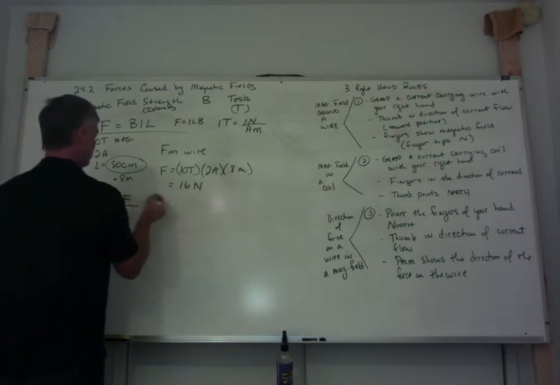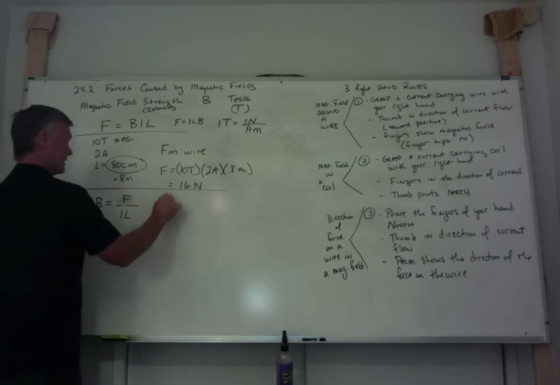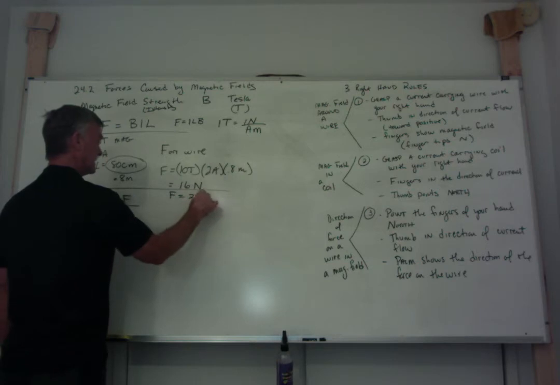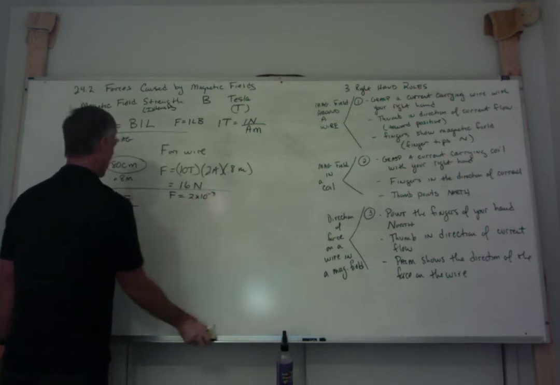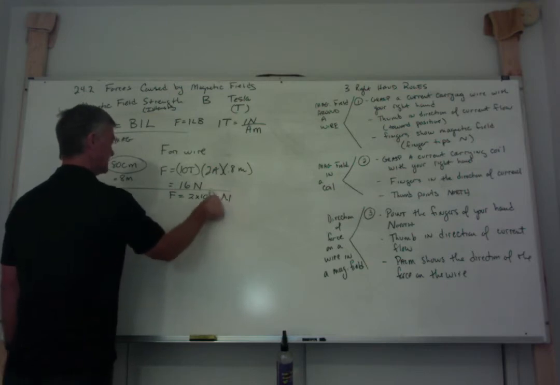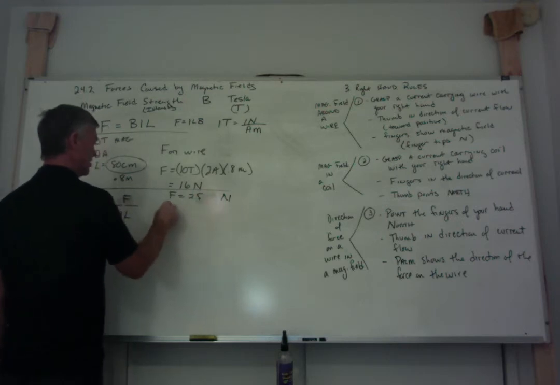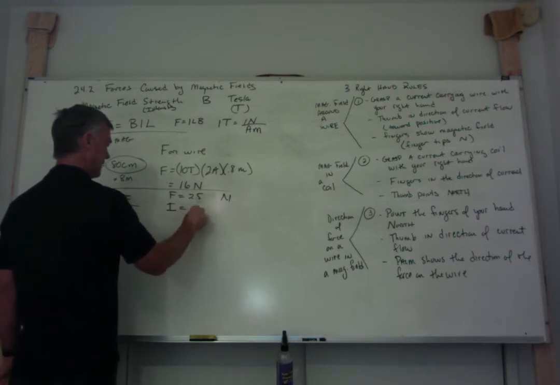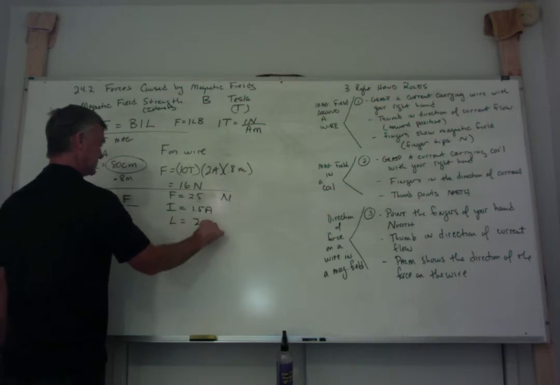And so let's say that we had that question, what's the magnetic field strength if we have a force of, well, let's make this bigger, let's make it 2.5 newtons on a wire which has 1.5 amps and a length of 20 centimeters.